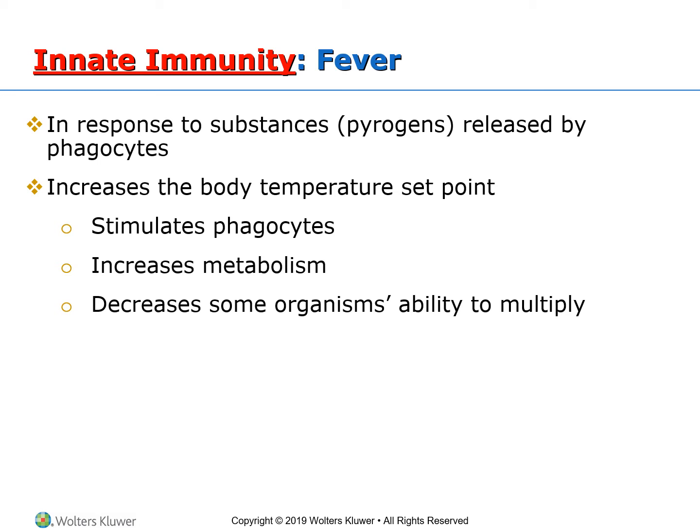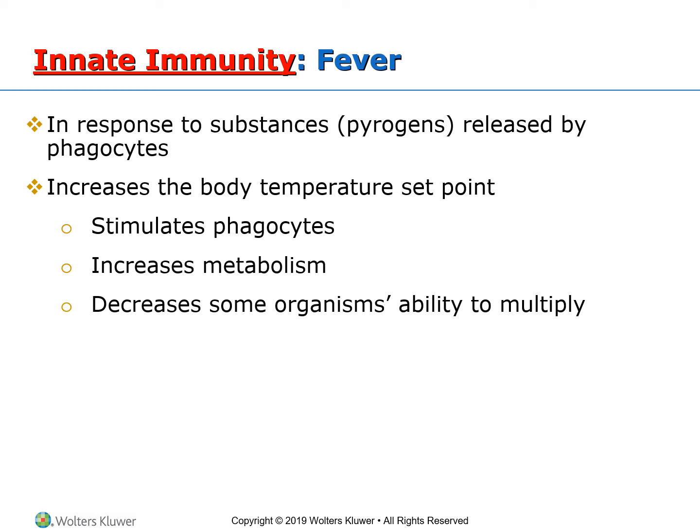However, whenever the phagocytes are exposed to infecting organisms, they will release substances that will raise the set point, will raise the thermostat, and as a result of that, the body temperature will increase. The action of the substances released by the phagocytes will produce a change at the level of the brain. And this increase is called fever.